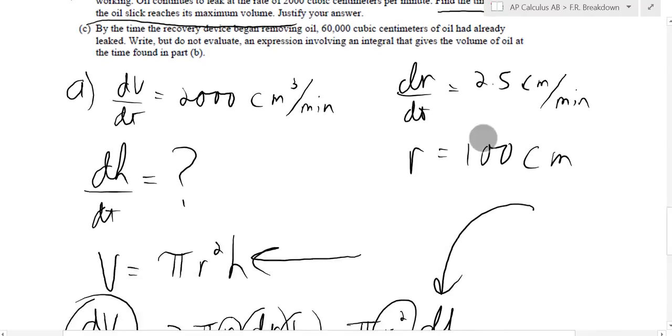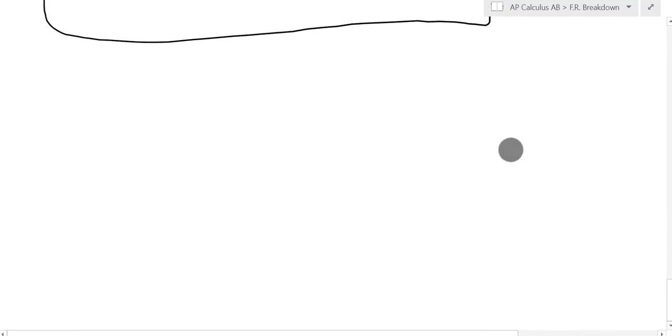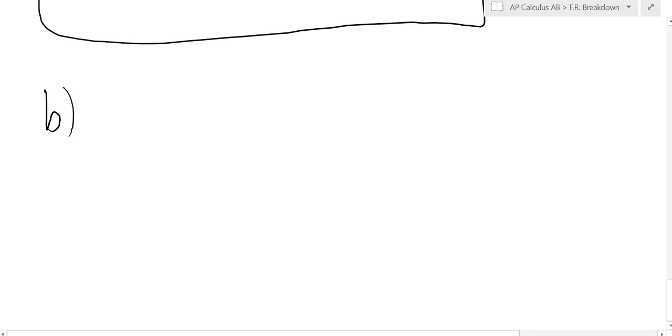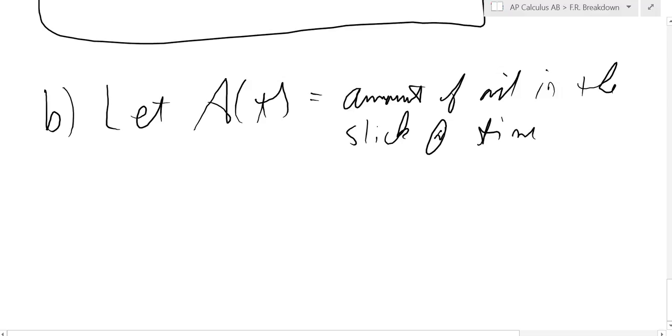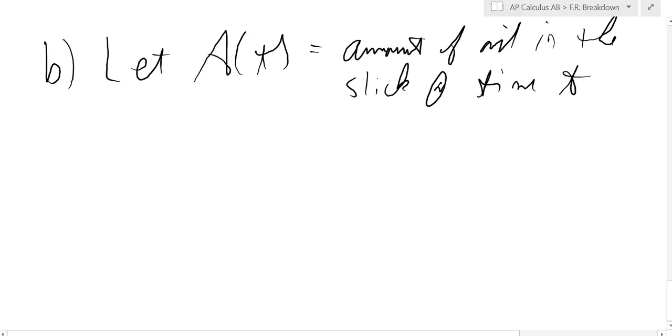So I told you with a question like that, what you should do is make up a function. When you have a rate in and rate out, let A of t equal the amount of oil in the slick at time t. And that automatically means A prime of t is what?